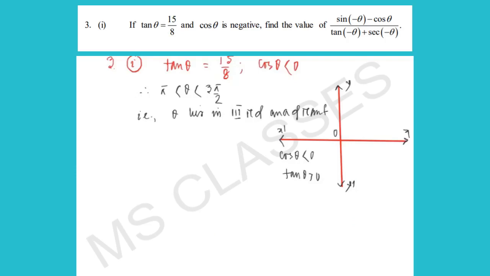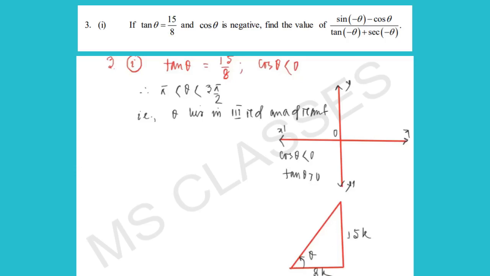Now what to do in this case? We will take a triangle. Now this is theta, with sides 15k and 8k.